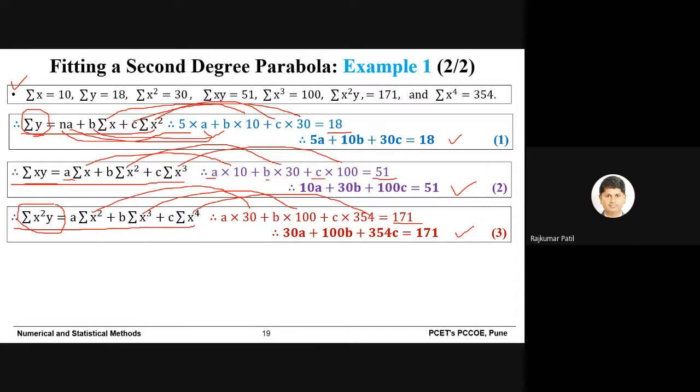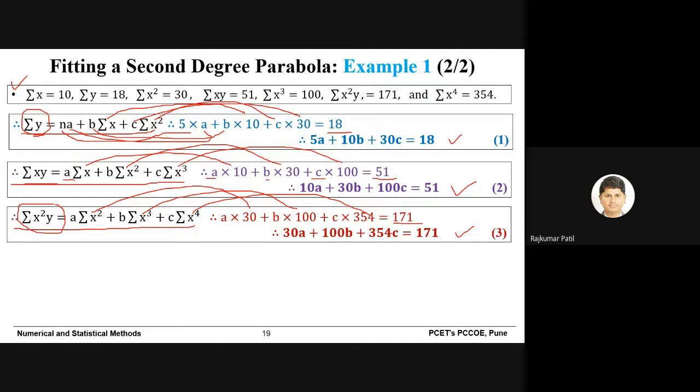Now here we have three equations, equation 1, 2, and 3, and we have three unknowns a, b, and c, and this is the case of simultaneous equations. So now you can realize that you need to use one of the methods of solving simultaneous equations that we already discussed in unit number 1, and apply a suitable method and solve.